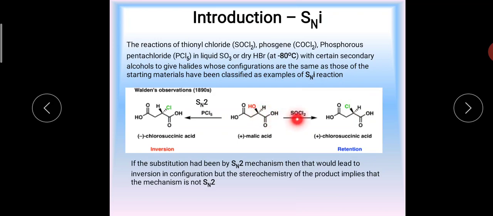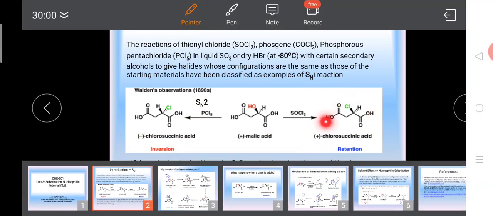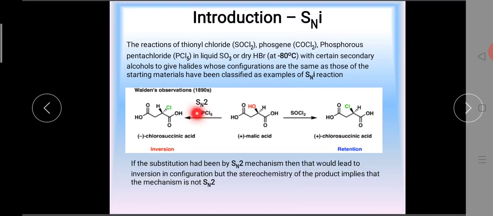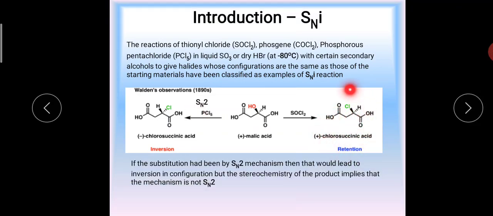So here also substitution of your halide takes place, but the mechanism that this particular reaction follows shouldn't be the same as your SN2 mechanism. If it had been the same, you should have observed your inversion product, but in this case the product that is obtained is not the inverted product, but it undergoes substitution via retention of configuration at the stereo center.